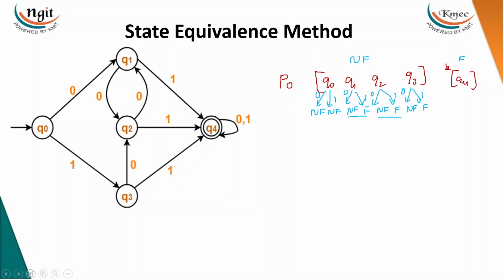So in P0 and P1, see, these groups have different behavior. Q0 has different behavior from the others, and Q1, Q2, Q3 have the same behavior, and then Q4. Where do we have to stop or continue? Check it. Are the P1 groups equivalent to P0? No, then continue it.